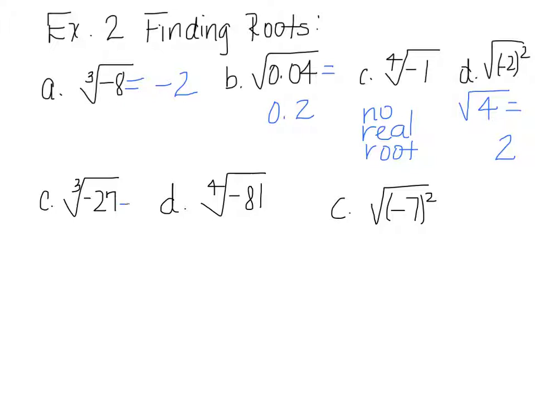The first one would be negative 3. 4b, you have to say no real root. And this one, remember, you got to do exponents first, and then you square root it and get 7.